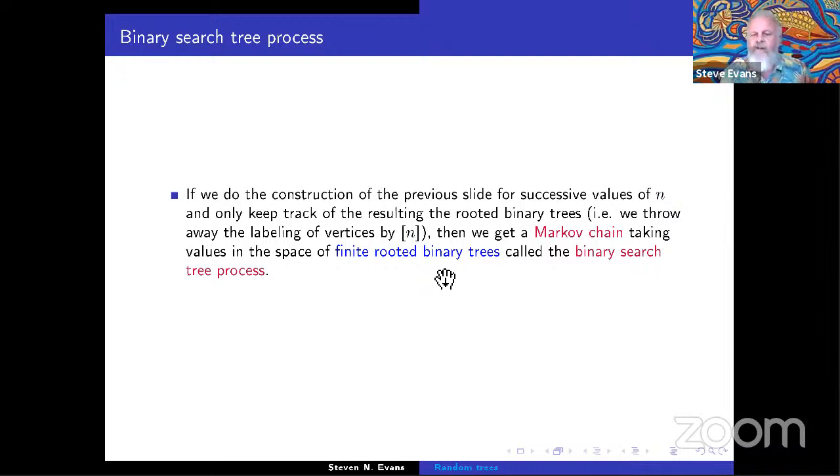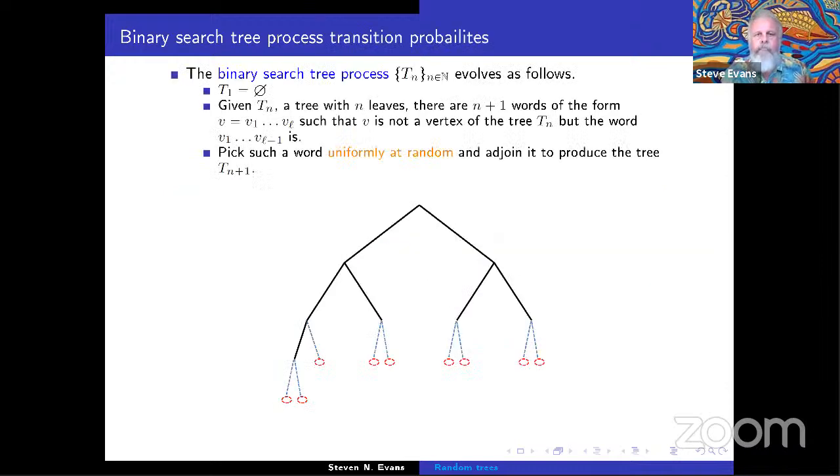And the rather interesting thing is that the binary search process has very simple transition dynamics. And let's call that guy Tn, and it'll evolve as follows. So obviously T1 is just the trivial tree, the tree that consists of a root and nothing else.